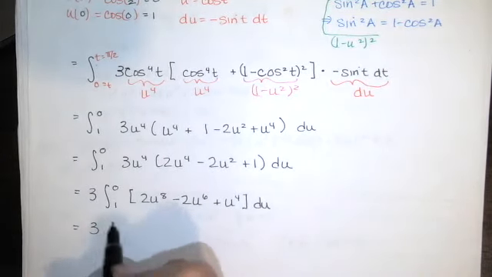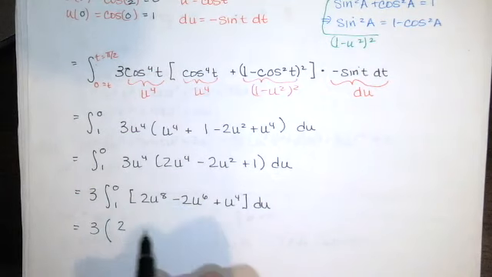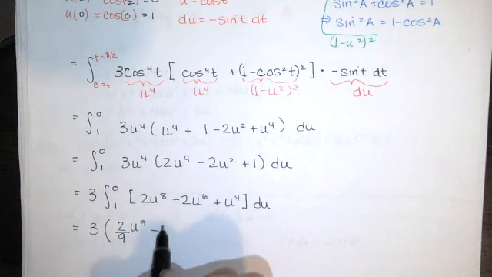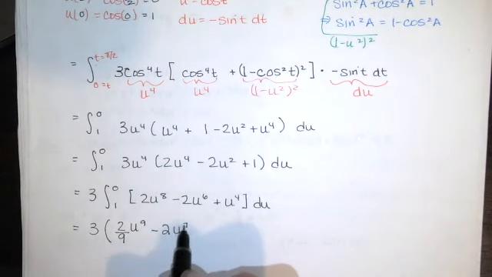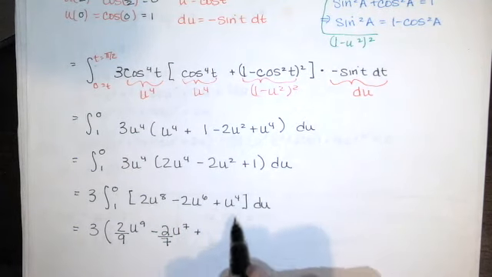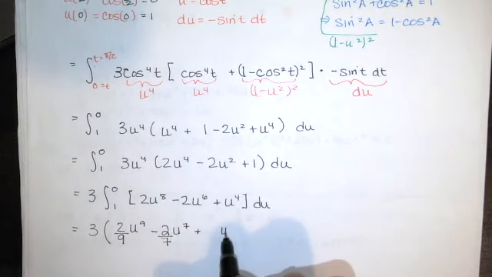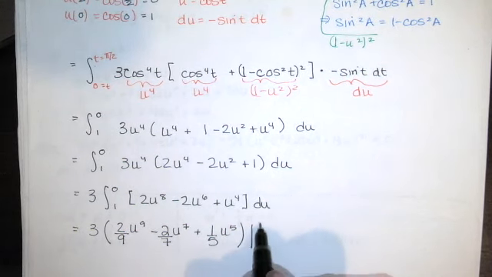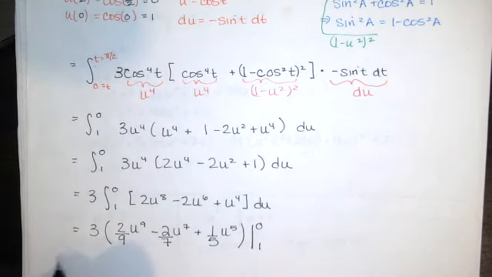We'll just use the power rule to take our antiderivative. Bring your 2 down, add 1 to the exponent and divide by the new exponent. Bring the negative 2 down, add 1 to the exponent and divide by the new exponent. Then there's no coefficient to bring down here, but we'll add 1 to the exponent and divide by the new exponent. Substitute in 0 and 1 and subtract.